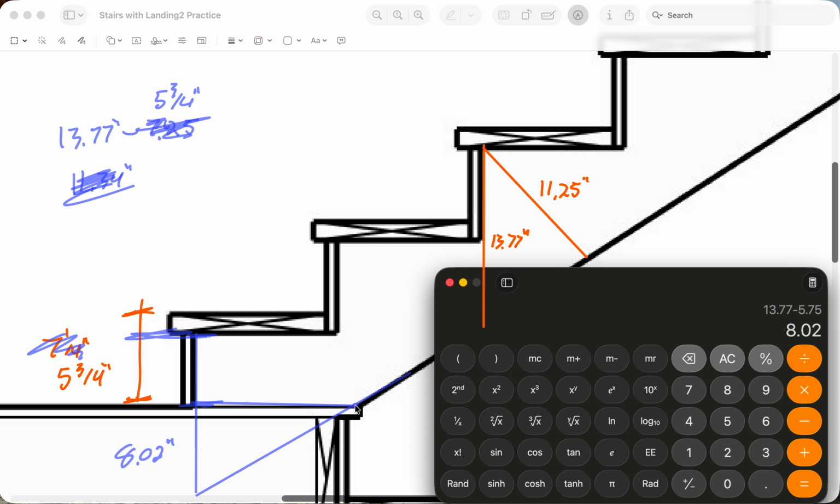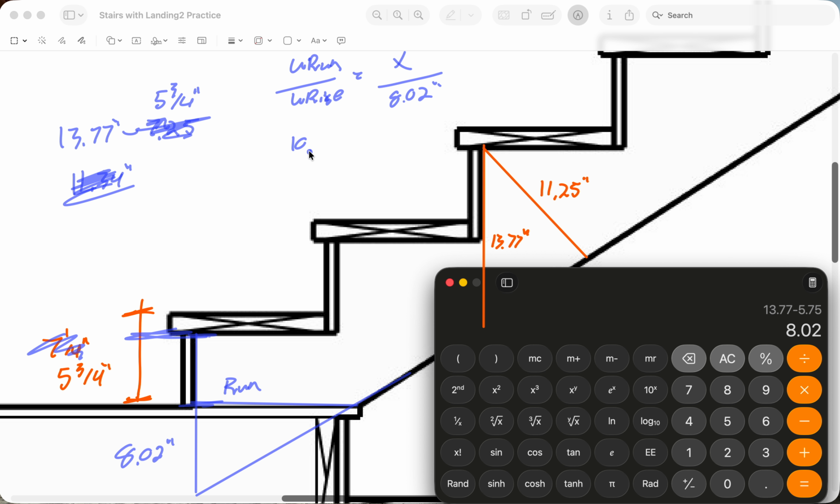Okay, and so what we'll do is figure out the run here. All right, so with similar triangles, we can go unit run over unit rise is equal to x over what we have left over down here. That's 8.02. That's the remaining amount, I guess.